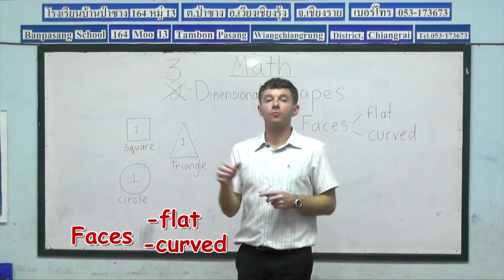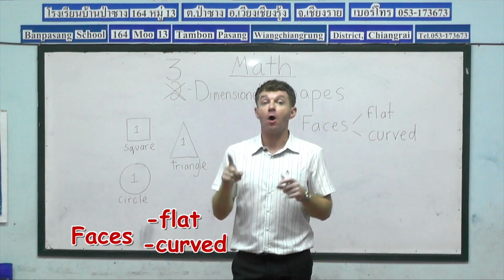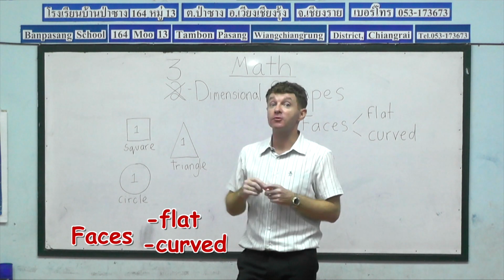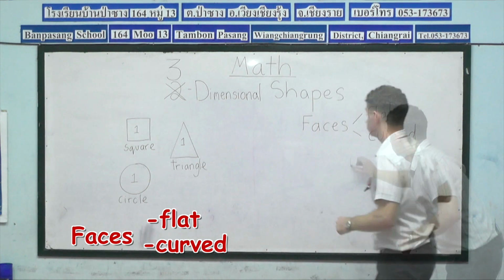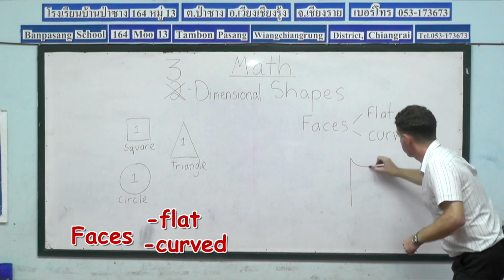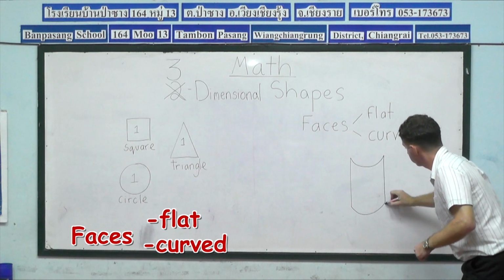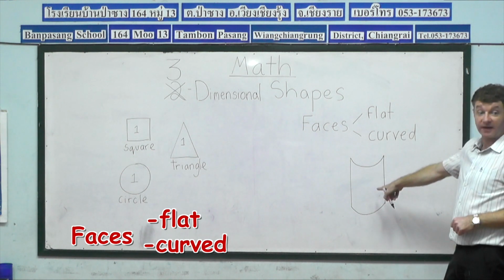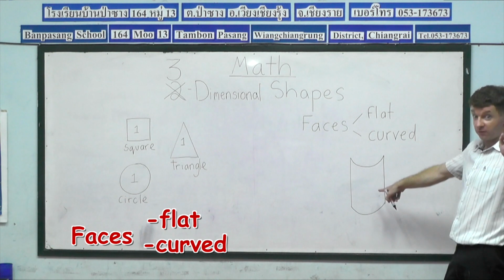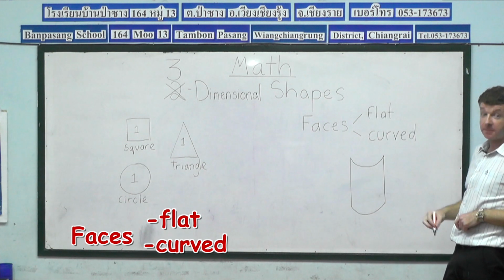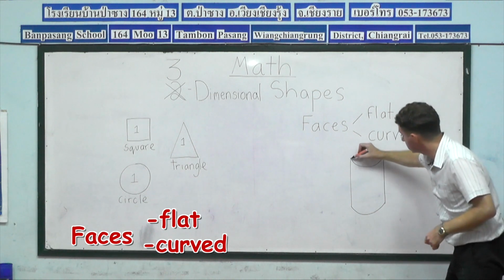And what we're going to move on now is to do our first 3D shape. So I will have a go at drawing it on the board. One face. So far we have 1 face, but because it's a 3D shape, it has to have more than 1.